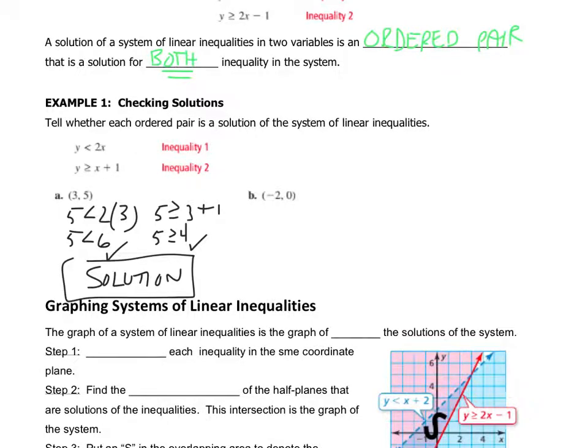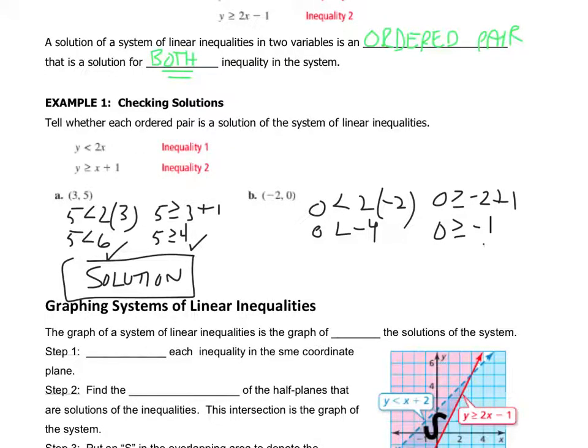On the second one, if I plug in 0 for the y, is it less than 2 times negative 2? Well, right away, the answer is no. And then just to verify, if I plug it into the other one, I would get 0 is greater than or equal to negative 1.